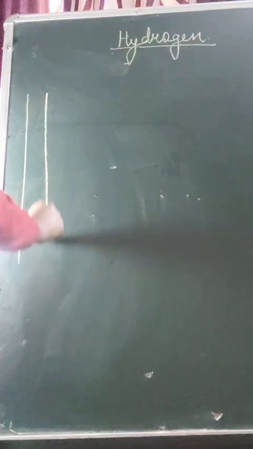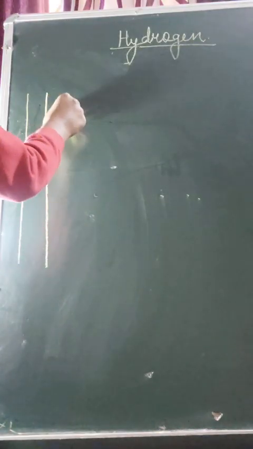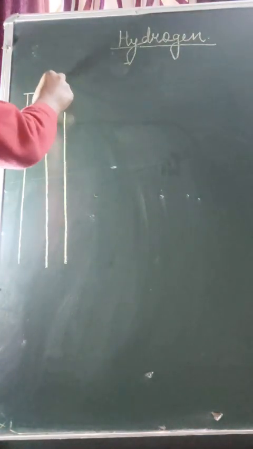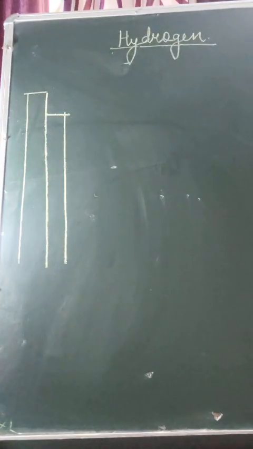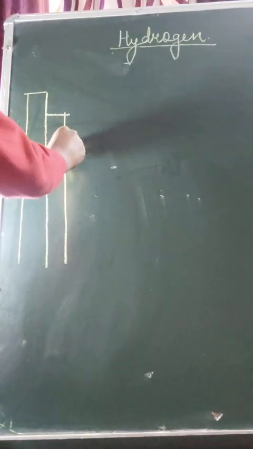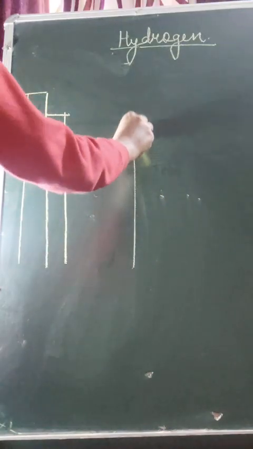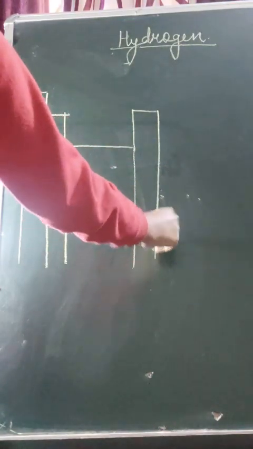Table means the tabular structure in which the elements are represented, which is like this. It is divided into 8 groups and 7 periods.